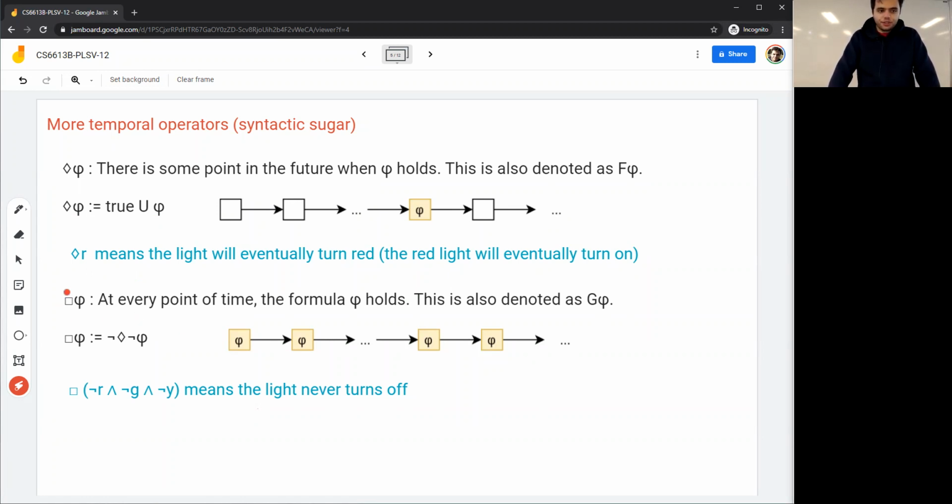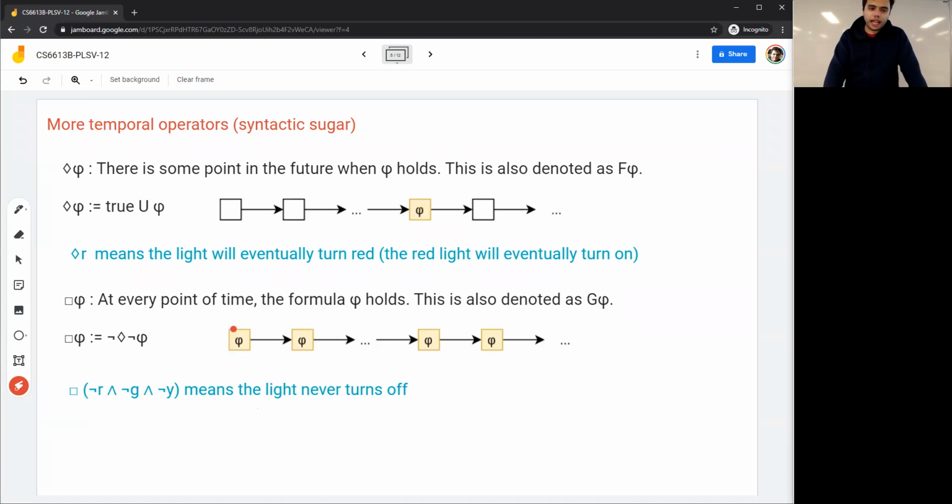And then we have the dual of this basically, and we call this globally or always. So always phi means that at every point of time, the formula phi holds. And this is also sometimes written as G phi, for globally phi. And again, this is the pictorial representation.